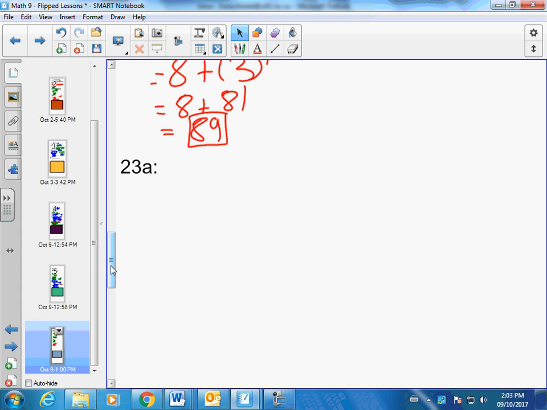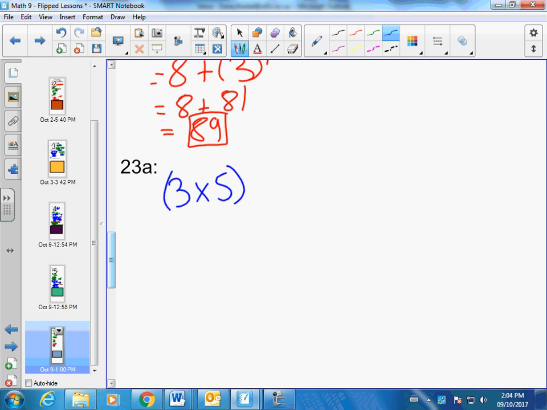So we're going to look at 23A. They want you to write each expression as a product or quotient of powers and then evaluate it. So what they want you to do is the distributive property. So if they're giving you 3 times 5 in the brackets to the power of 3, what they want you to do is actually distribute this.